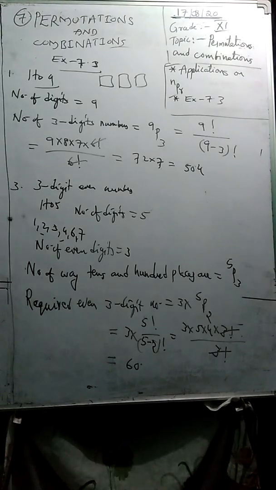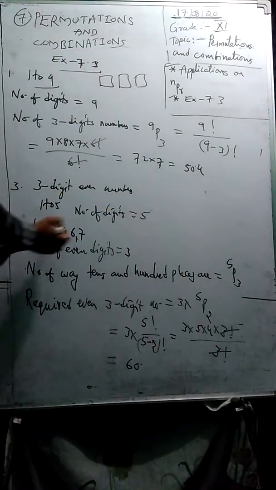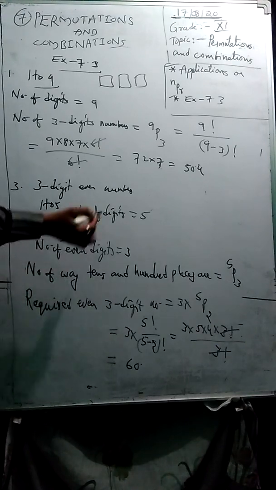According to the given question, students, the total number of digits is 5, namely 1, 2, 3, 4, 5.